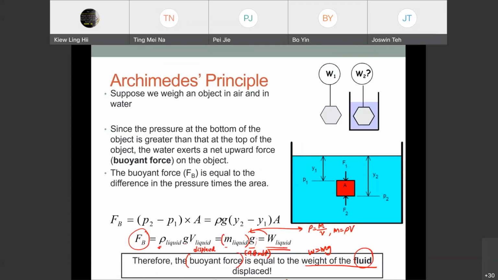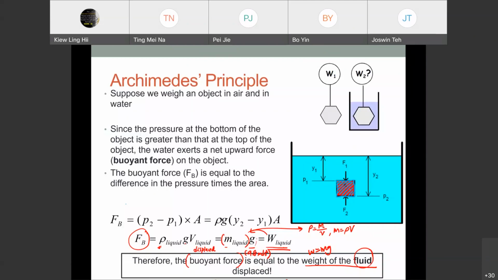So let's say now we throw this object into the water. The volume that you have to calculate here is the volume of this object, because now the object is being submerged completely down into the water. So this is the volume.